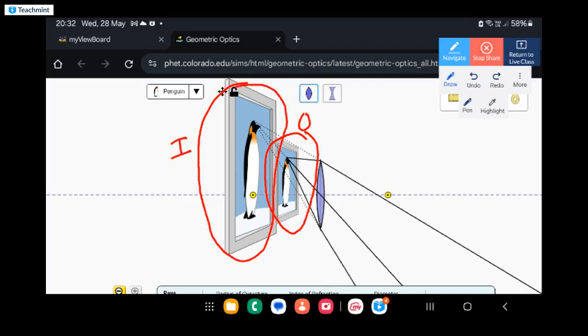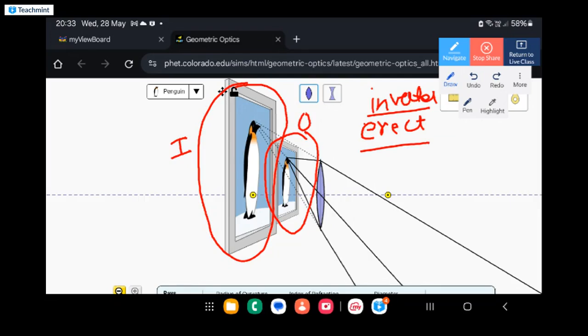Now you can see, is it inverted or is it erect? How is the image compared to the object? Yes, Michelle. Is it inverted or erect? Yes, this is an erect image.